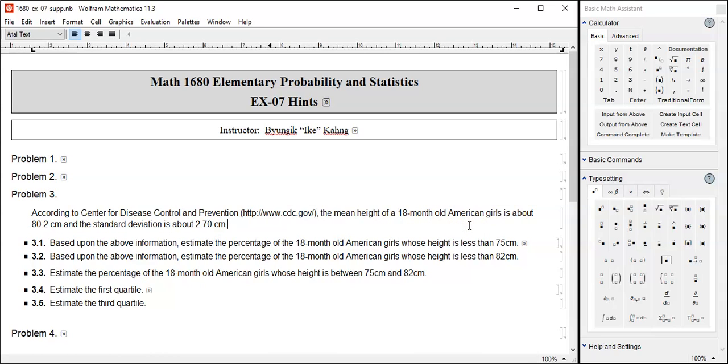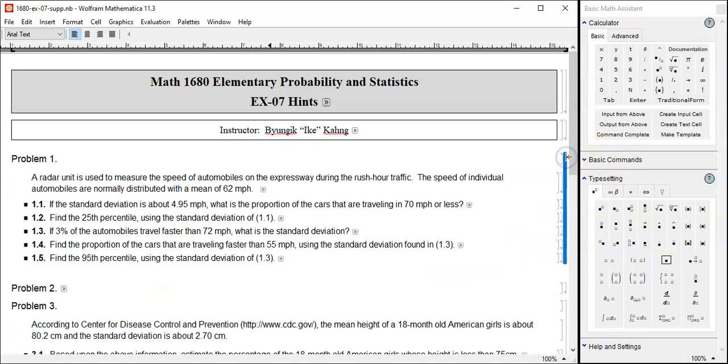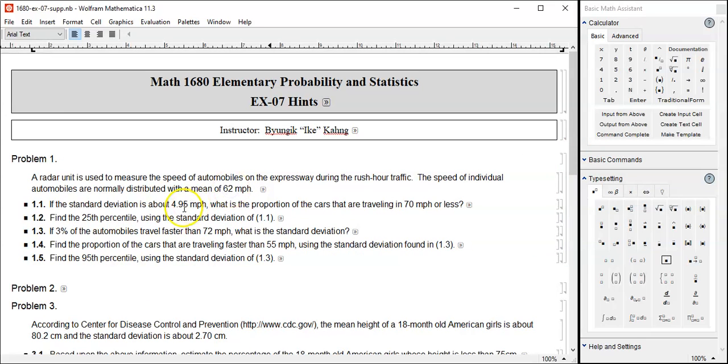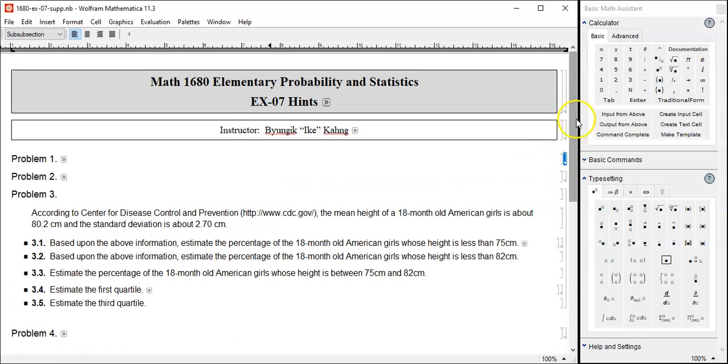So these two problems are exactly the same. The numbers are different, otherwise exactly the same. Do not pay attention to speeding cars or height of girls. They are not important in terms of mathematics. The numbers here are 80.2 and 2.70; there, 62 and 4.95. What's the difference? Nothing, absolutely nothing.